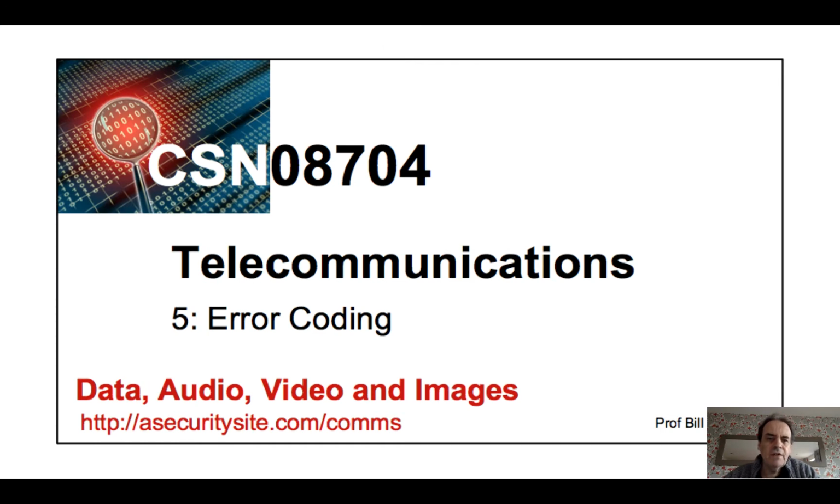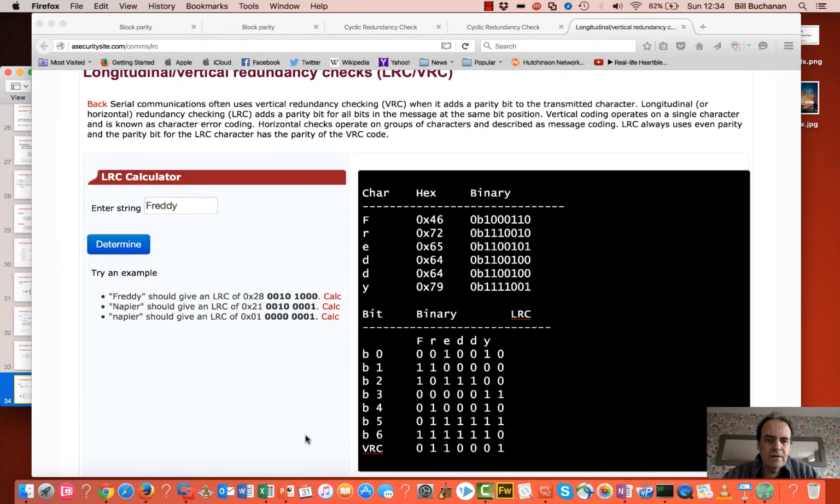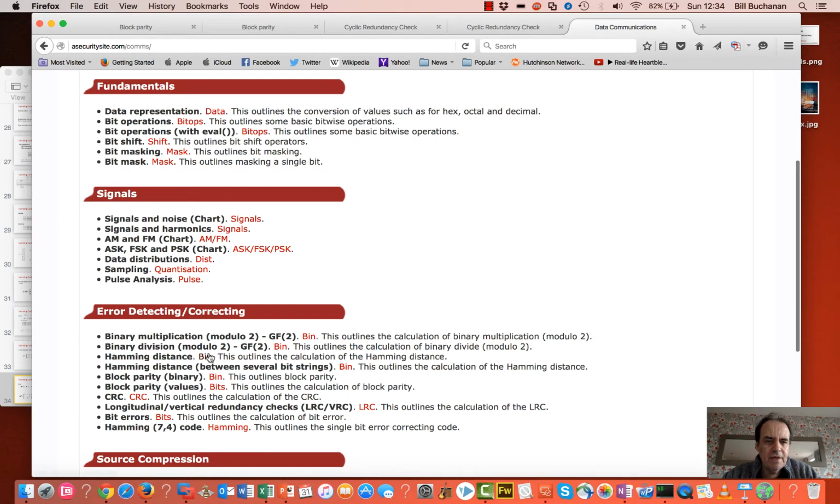So what we'll do is we'll have a look at that in action. So if we just go back to our coding here, and you should be able to find all your examples here, and we'll just have a look at our Hamming code here.